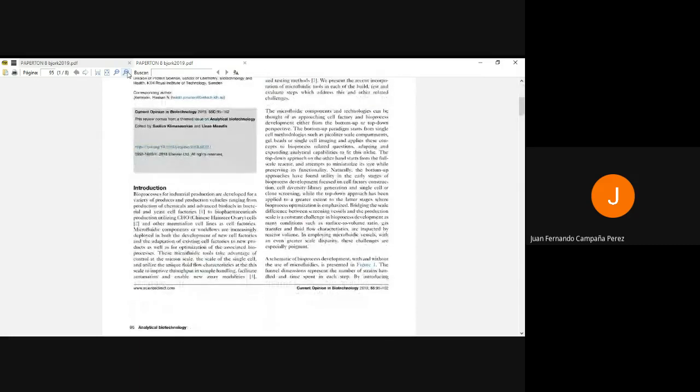So the microfluidic tools take advantage of control at the micron scale and the scale of the single cell, and utilize the unique fluid flow characteristics at this scale to improve throughput in sample handling, facilitate automation, and enable new assay modalities.